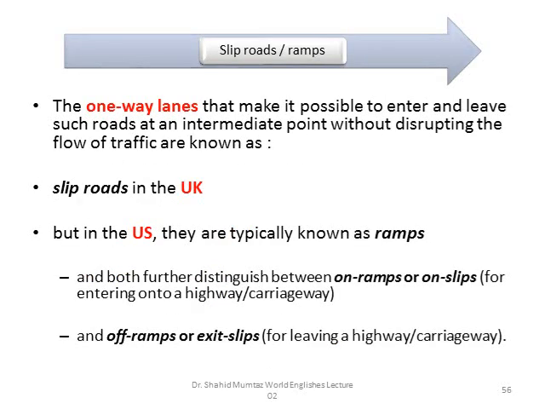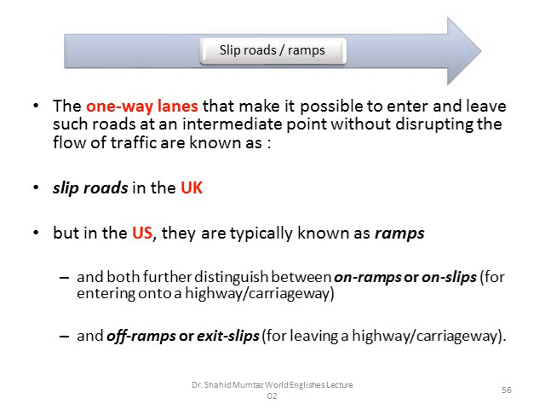Okay, slip roads and ramps. I hope you have heard these terms. What are they? Let's see. The one-way lanes that make it possible to enter and leave such roads at an intermediate point without disrupting the flow of traffic are known as slip roads in the UK.